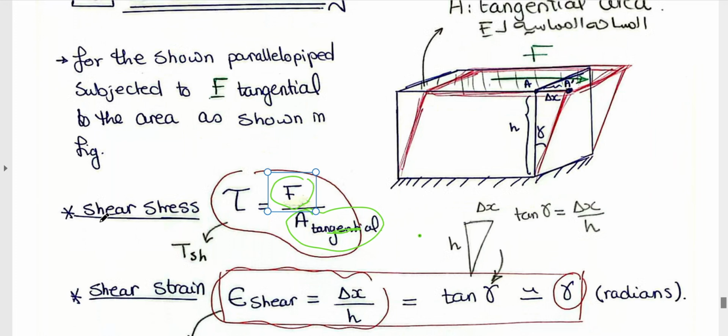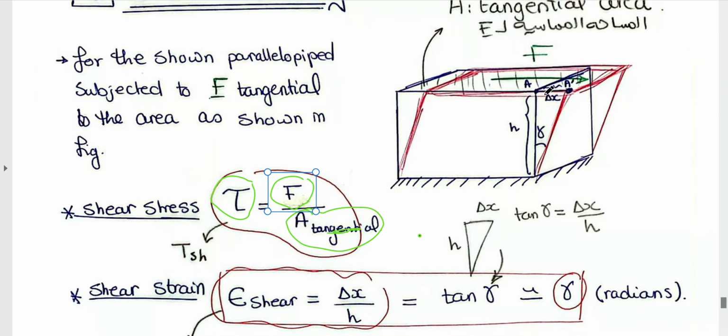We can write the shear stress as capital T with subscript SH, or we can write it with the symbol tau. If we have a stress, we have strain. Strain is defined as deformation of the material. So scientists said that the deformation that happened is the distance traveled by A to A dash.